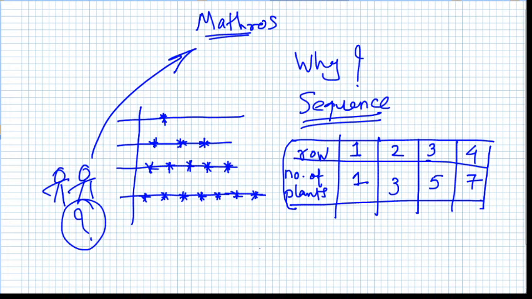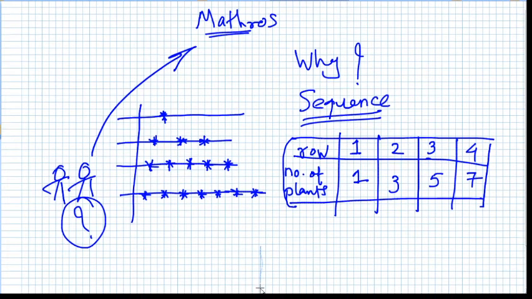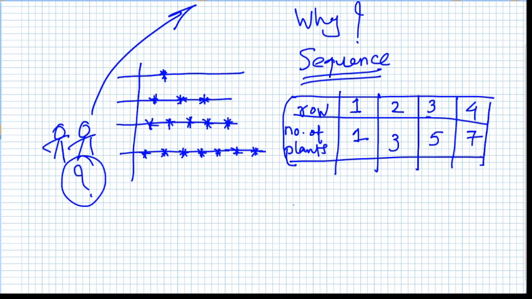Now he started explaining to the students. Now tell me, suppose I take the number of plants, let me write it here: 1, 3, 5, 7.